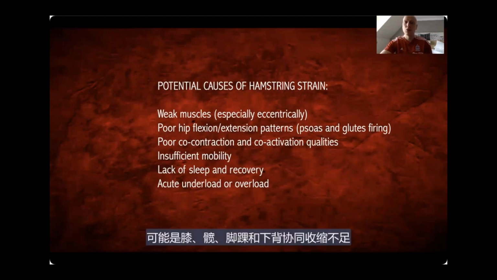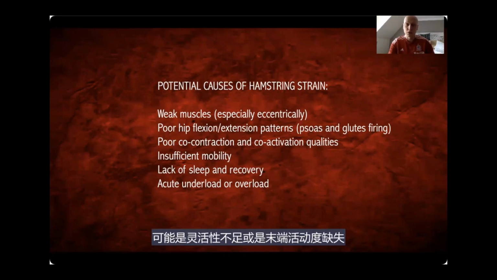We can have poor co-contractions of muscles around knee, hip, and ankle and lower back. We can have insufficient mobility and control in those end ranges of motion. We can have lack of sleep or poor recovery, and we can have, as I mentioned in the very beginning of the presentation, acute underload or overload of the neuromuscular system.